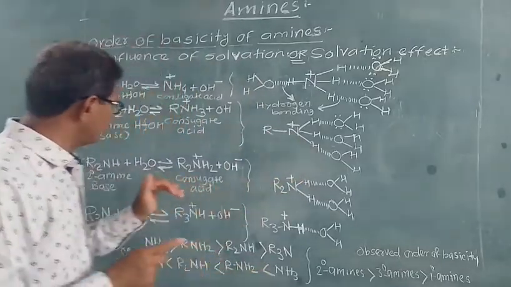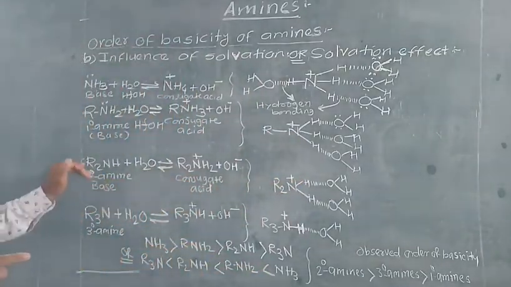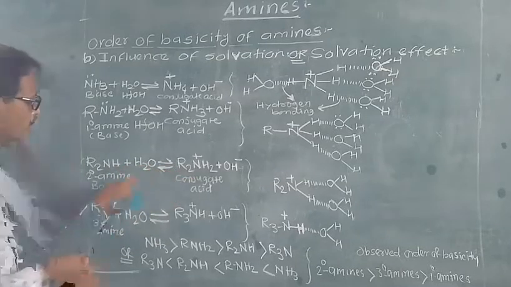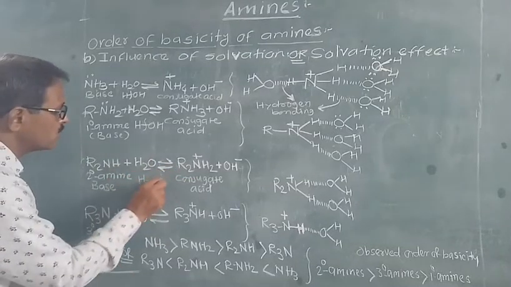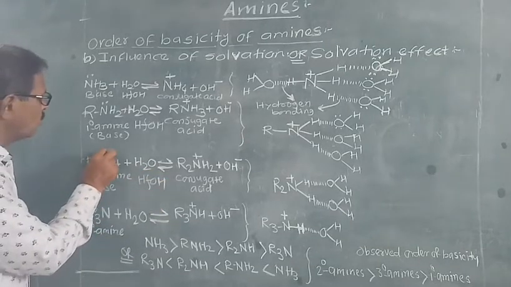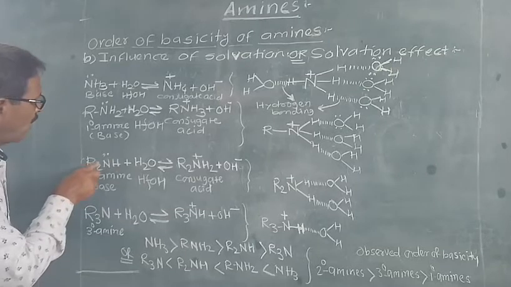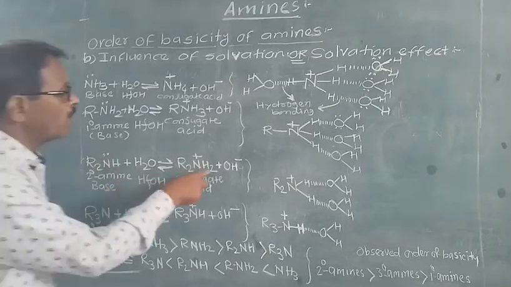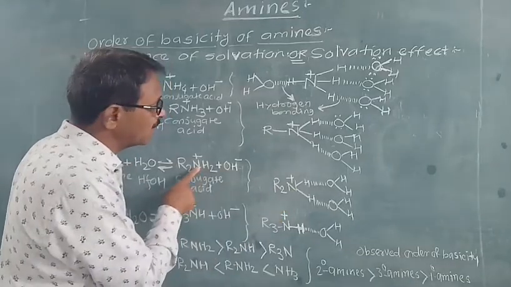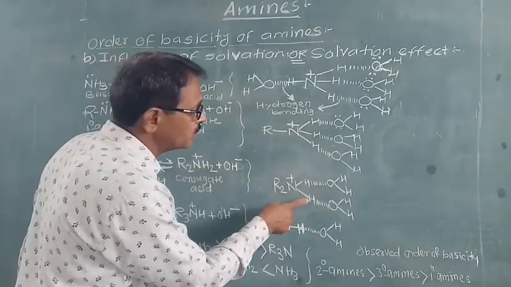Now we will move to secondary amines. R2NH plus H2O gives R2NH2+. Again the bond between H and OH breaks. This NH donates the lone pair of electrons to hydrogen, giving R2NH2+ plus OH minus. Now this nitrogen is attached to only 2 hydrogen atoms.